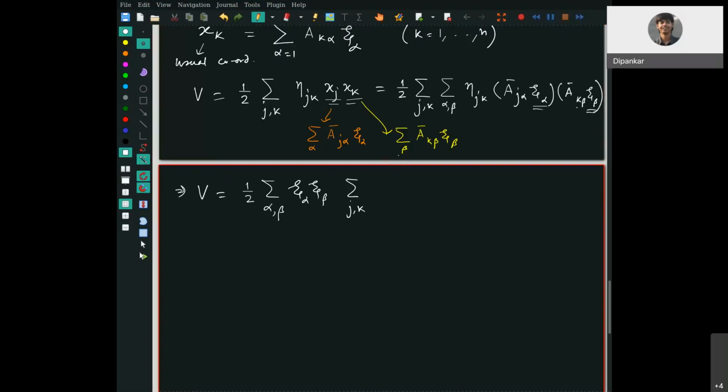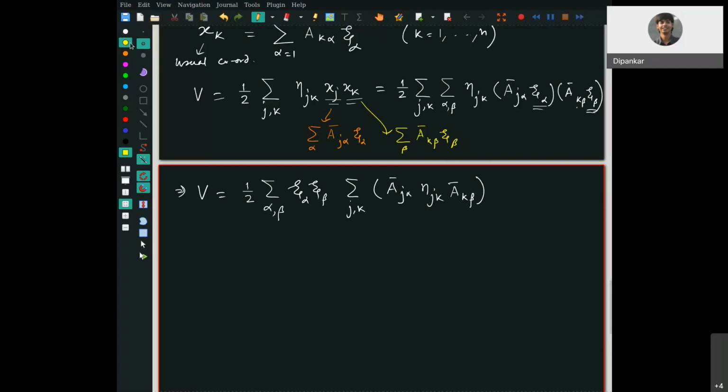I intentionally write it in a nice form: a bar j alpha eta jk and a bar k beta.